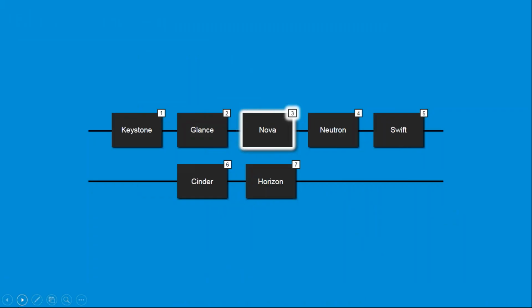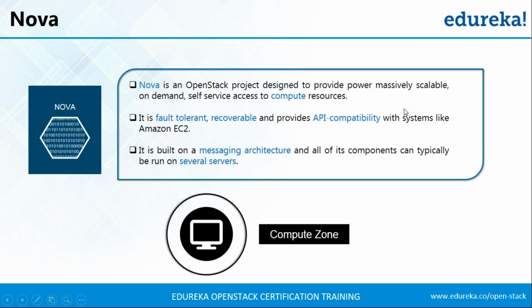So next up, we have got Nova. Nova is the compute zone. When you actually launch an instance from Glance, it is the Nova zone where all the computing takes place. When you open the console of your instance, it is actually availed in the Nova compute zone. So this is where all the processing takes place in OpenStack.